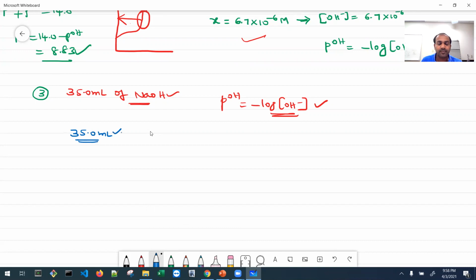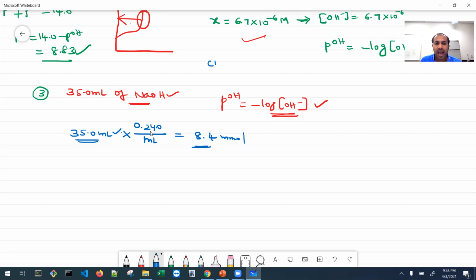And this 35 mL is how many moles? 0.240 molar times 35 milliliters gives you 8.4 millimoles. So this 35 milliliters is equal to 8.4 millimoles.